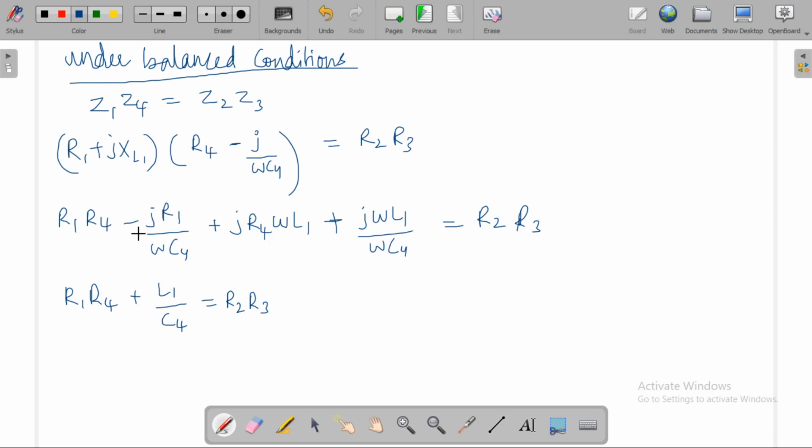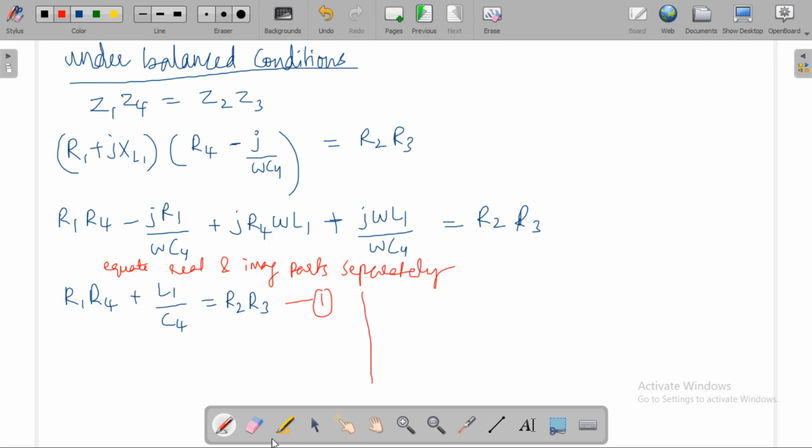If I equate real and imaginary parts separately, then this is equation 1.